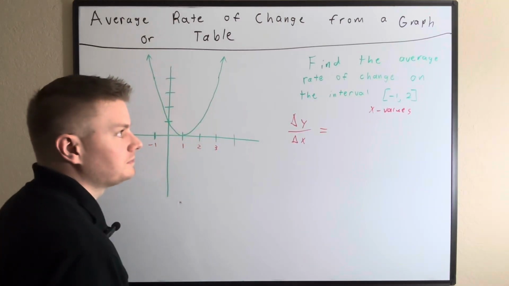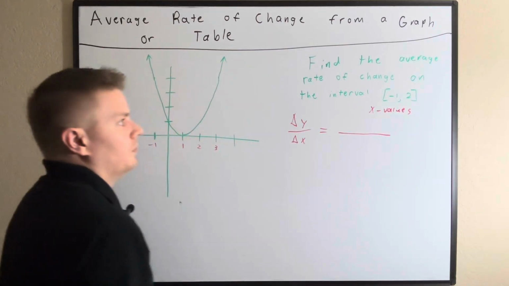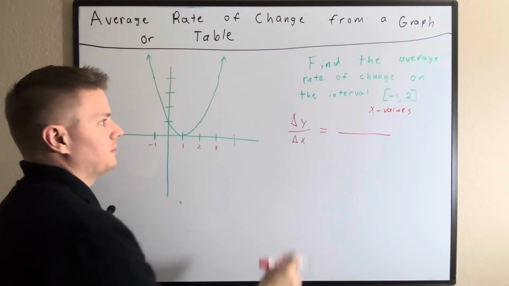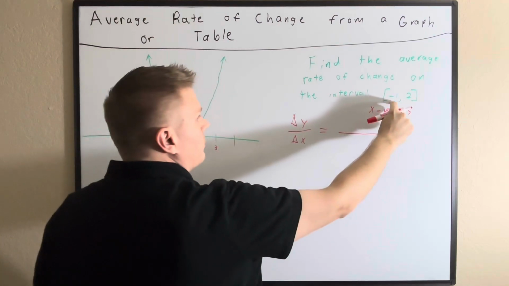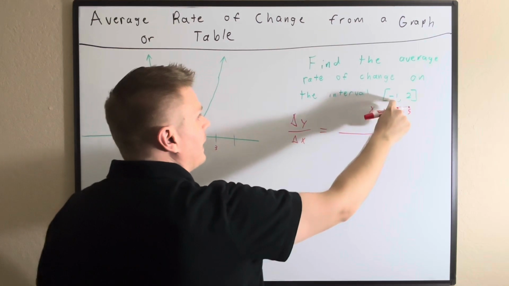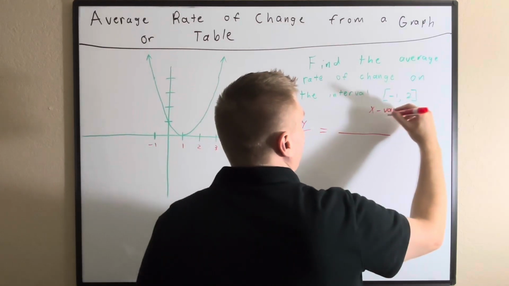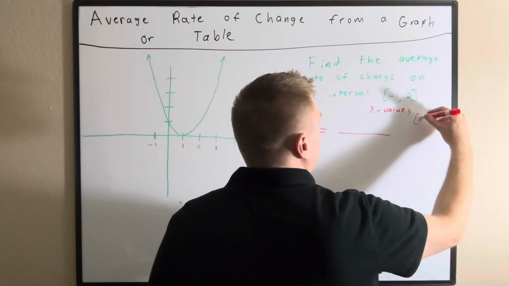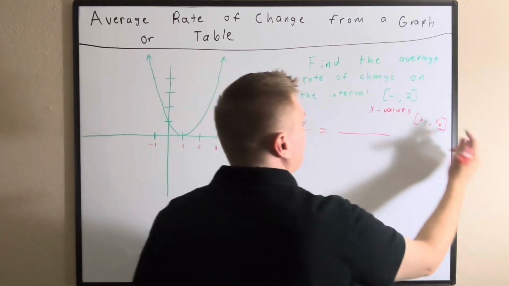So, what is delta y? It is the y value of the point at -1. This would be our x1 value, and this would be our x2 value, okay?